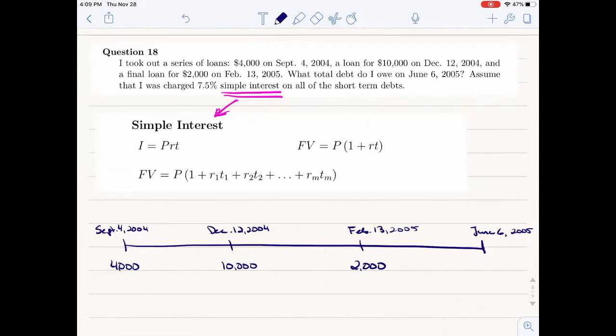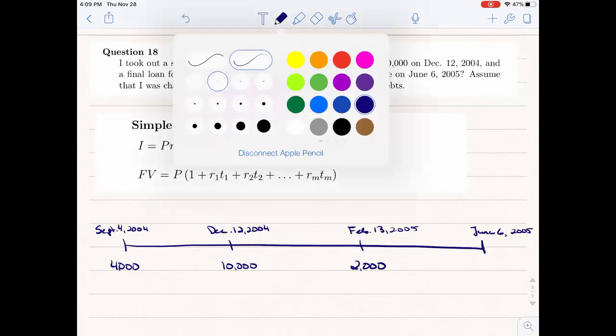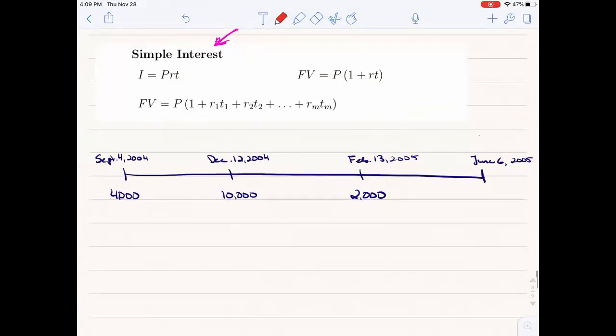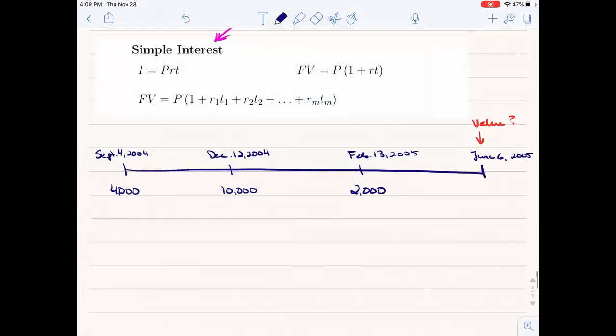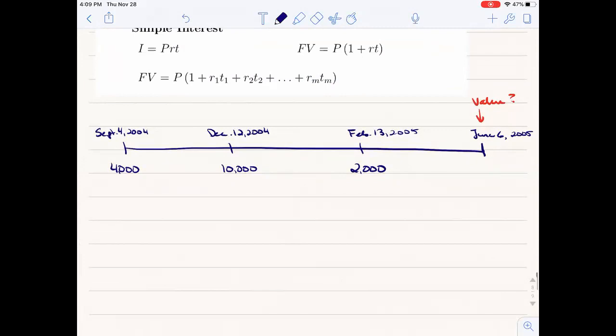So I have to pull all these loans forward to June 6th. Right? And so here I want to know, what's the value here? So I work my way from the closest to the date that I'm interested in and move my way out. Otherwise my arrows are all overlapping and I don't think that looks nice.